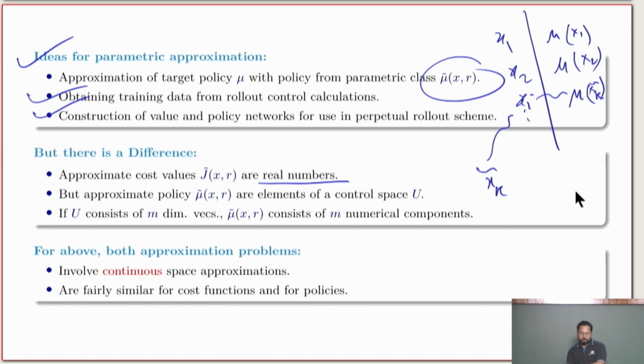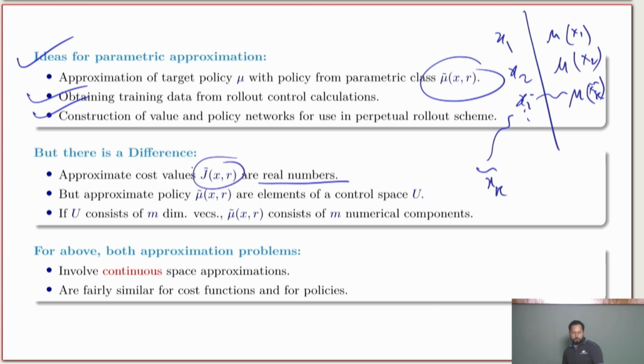We will see some examples of that. Control also could fall into two different cases, where it may be continuous as well as discrete and finite. In usual cases you will treat cost as real numbers.